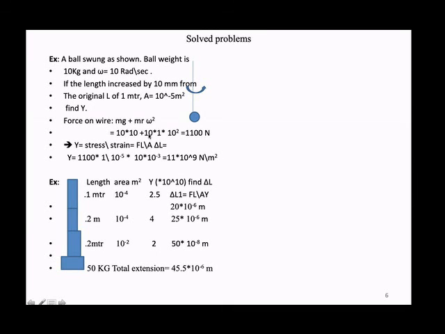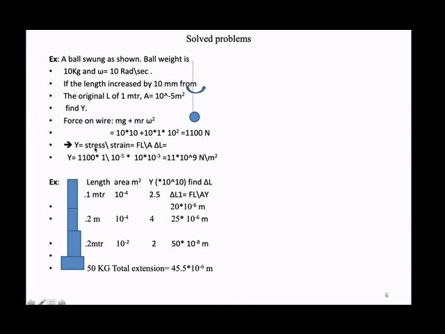When r is 1 meter, m r omega square, 10 square. m v square by r is m r omega square. So it comes to 10 into 100, so 1100 newtons.